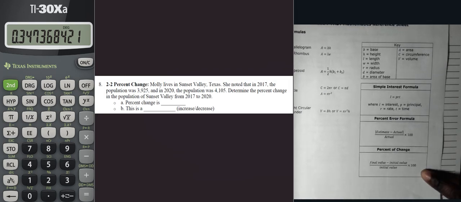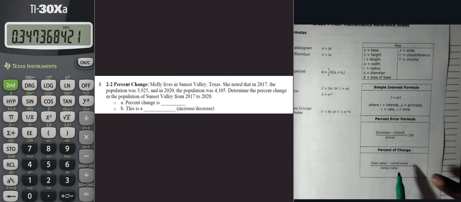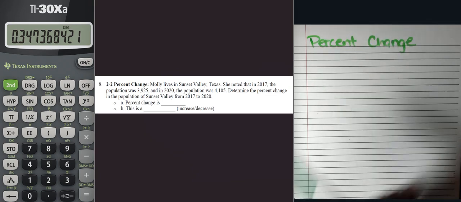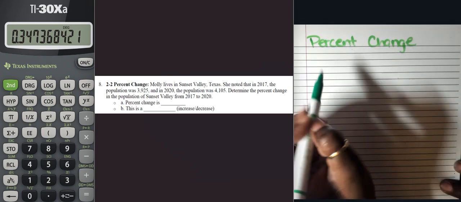Our percent of change, remember, is going to be the final amount minus the initial or the original amount. And then you're going to divide that by the initial amount. And of course, we need to represent it as a percent. So you need to shift the decimal 2 places to the right or multiply by 100 in order to do that. All right. So I'll first write out the formula.